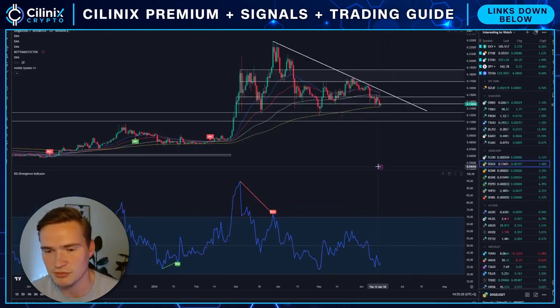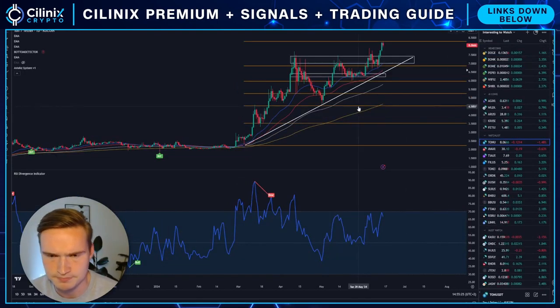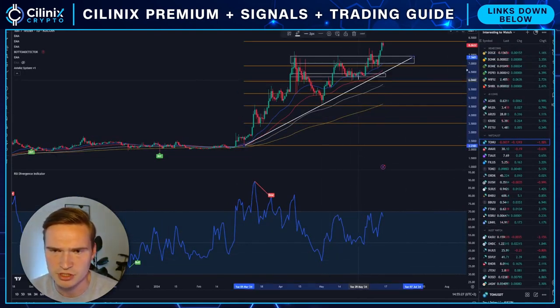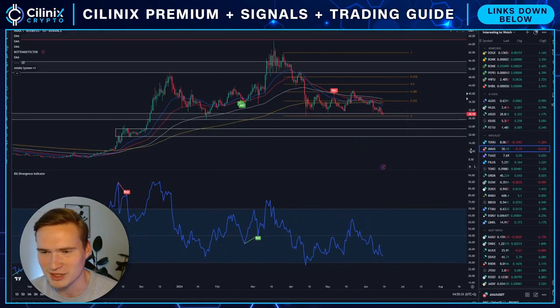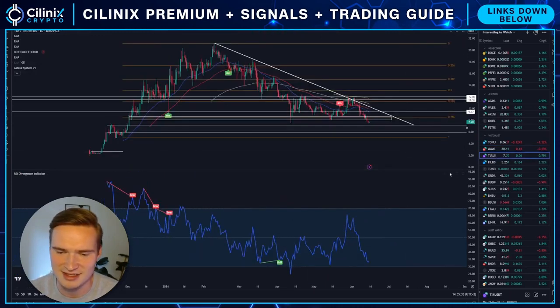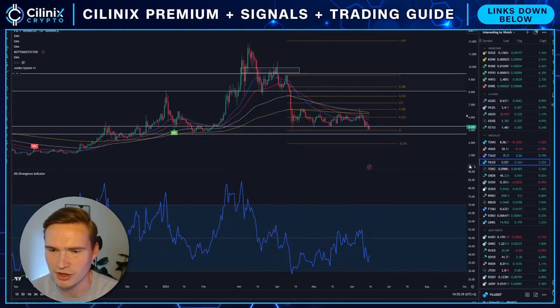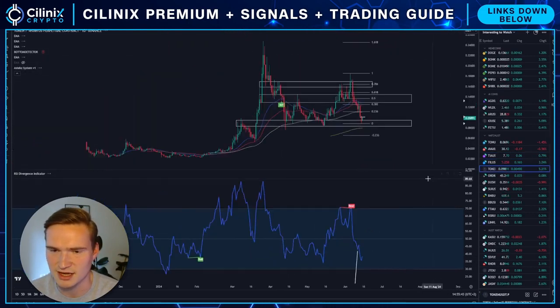So if we look at some cryptos I'm looking at right now, not sure if I can find one, but this is Ton. I don't really see anything there. Maybe something. No, that's not really working. Maybe with Filecoin here. Let me see. All right, so we're just testing out some things.